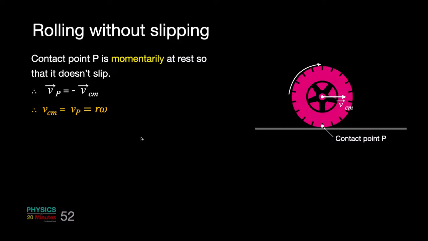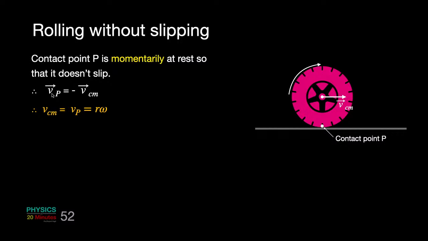What we have proved in the earlier class is the linear velocity of a tangential or peripheral point, which is Vp, which is r omega. What the simple argument here means is the linear velocity of a point at the periphery is opposite to the linear velocity of the center of mass in direction, and in magnitude they are equal.